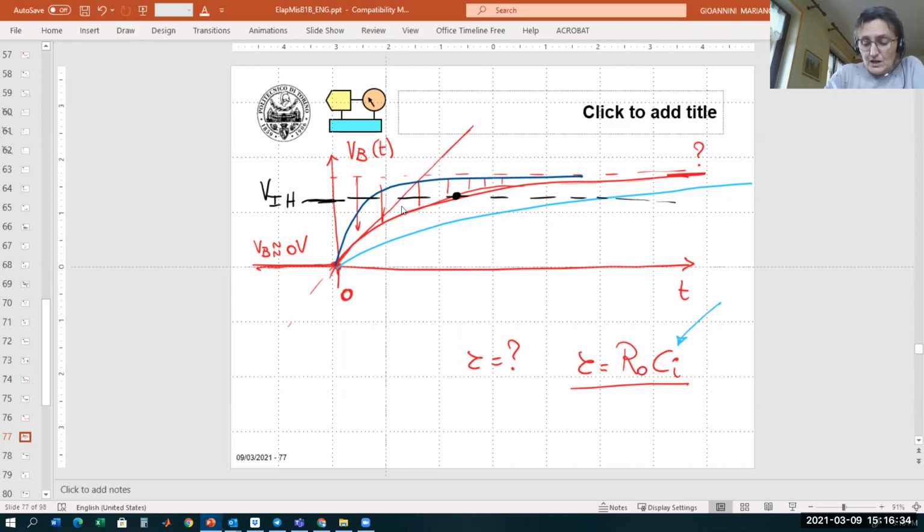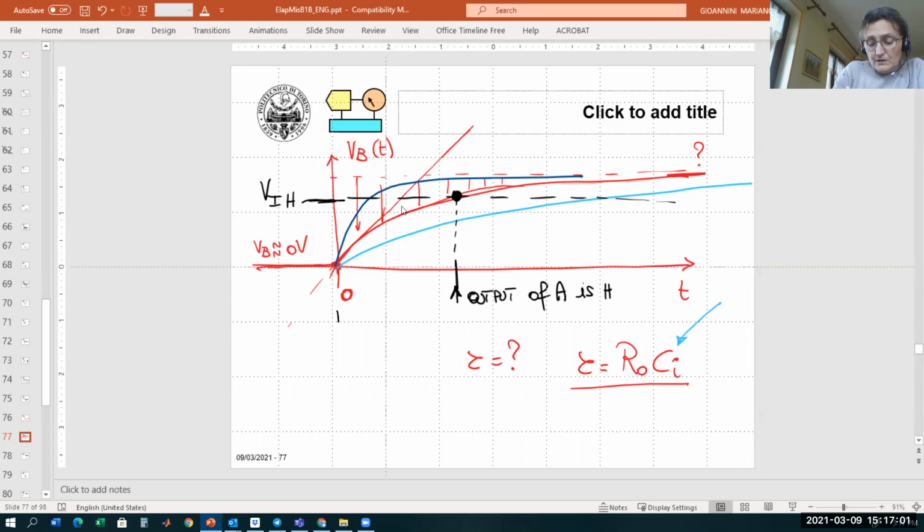I see that now the input voltage in B, that is the red curve, is recognized as high. Clear? So from this time instant on, I say the output of A is high.